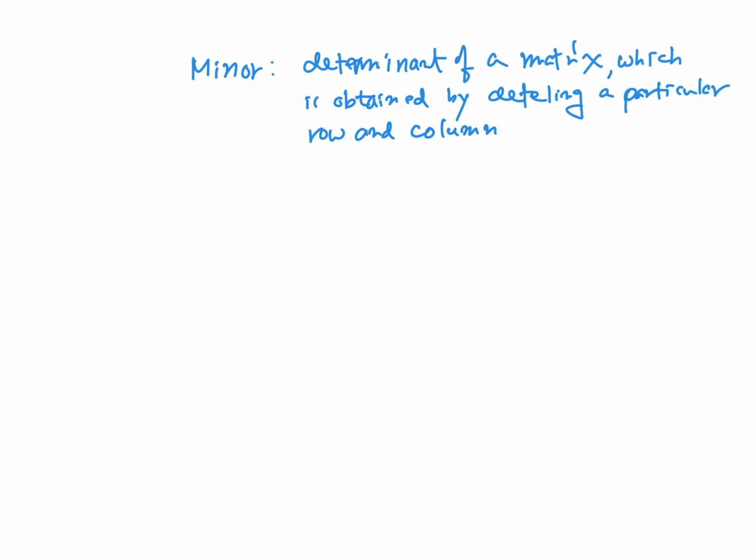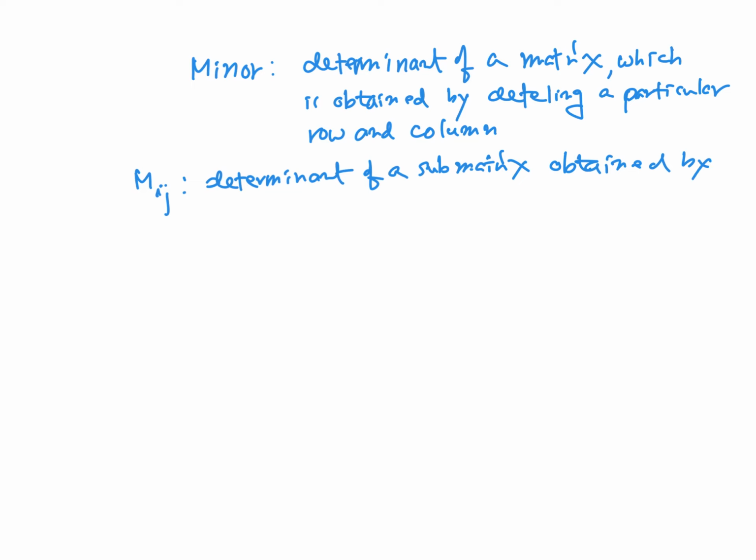For example, M_ij is the determinant of a submatrix obtained by deleting the ith row and jth column.